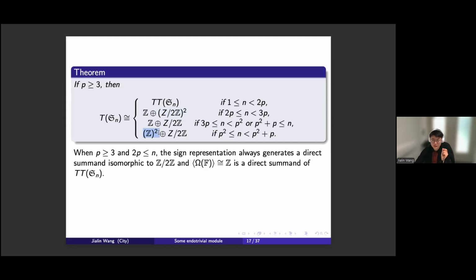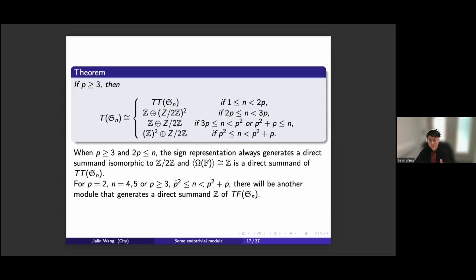And one more case is when n is at least p squared and no more than p squared plus p, and then you get one more copy of Z. When n is at least p squared and no more than p squared plus p, you always have another module which is endotrivial and doesn't lie in the syzygy of F, and it generates a summand Z of T(Sn).